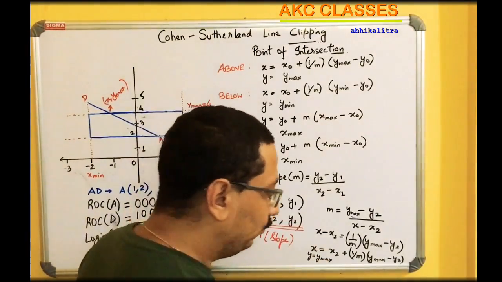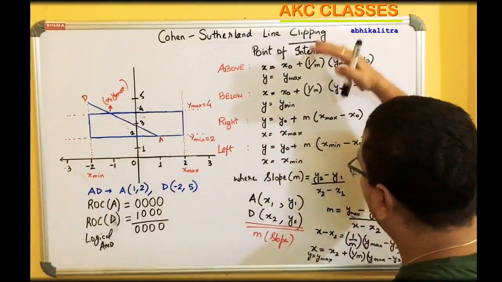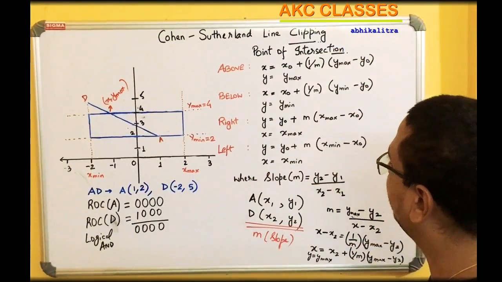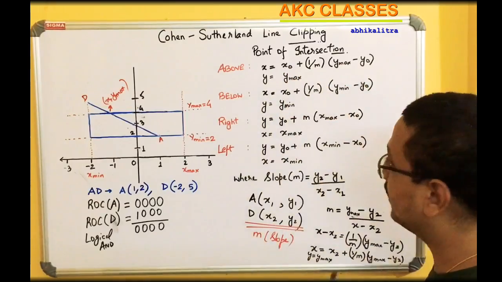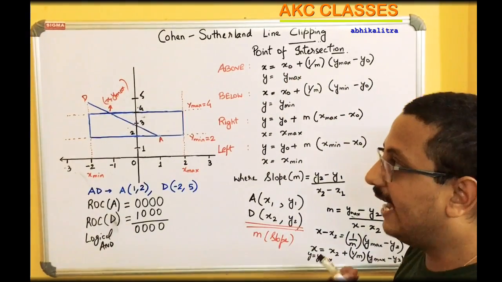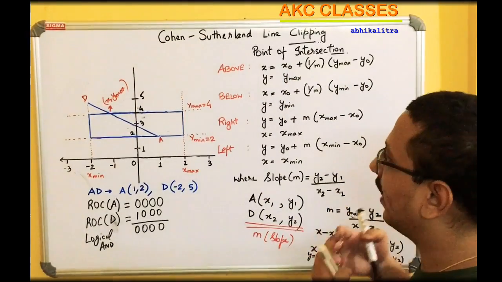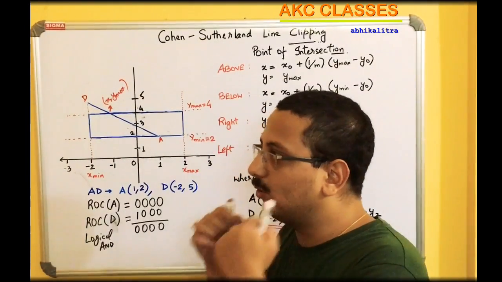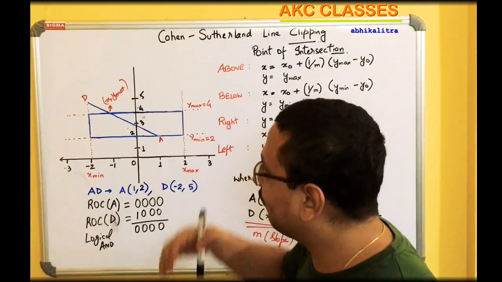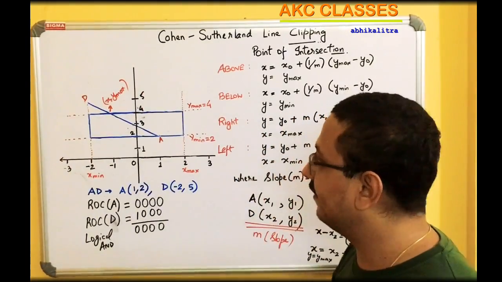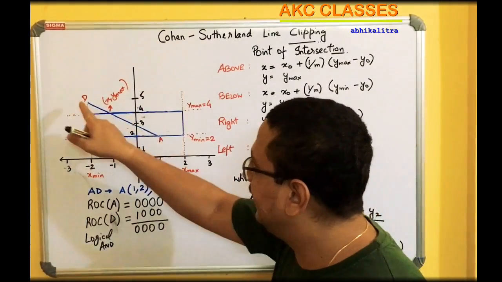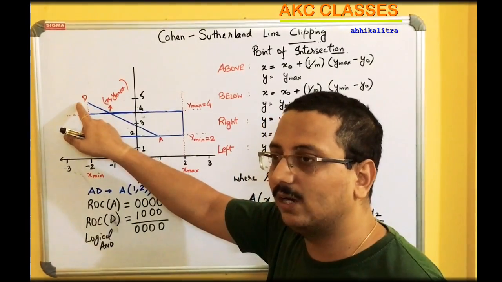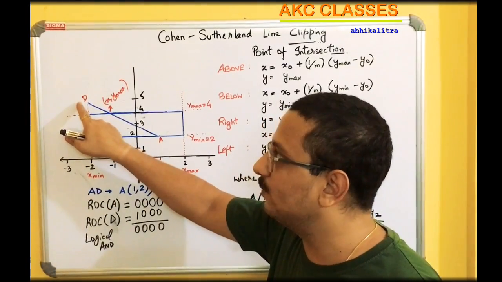So now, whatever equations we have written over here are all written with respect to x0. What is this x0? We have considered the point x0, y0 to be the coordinate location of the endpoint from where the line has to be trimmed off. Among these two endpoints, it is one of the endpoints from where the line has to be trimmed off.